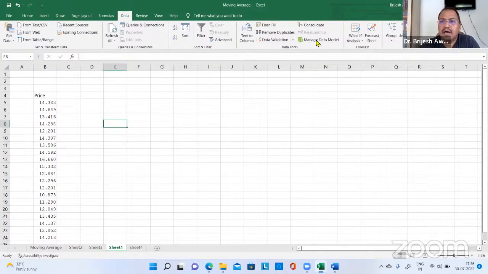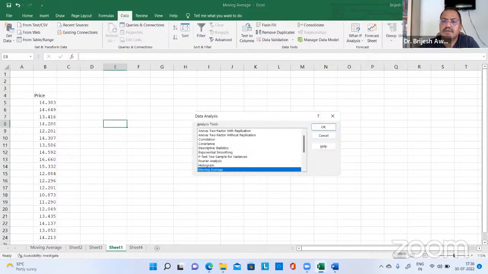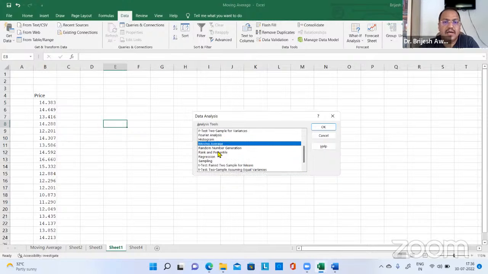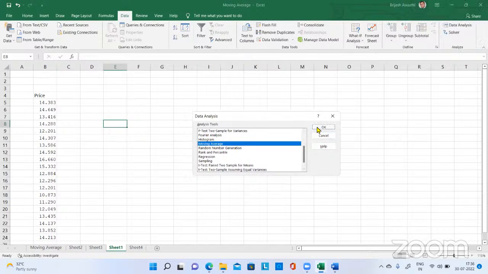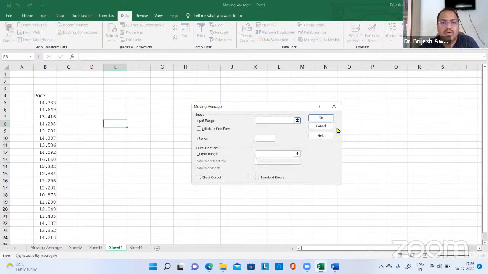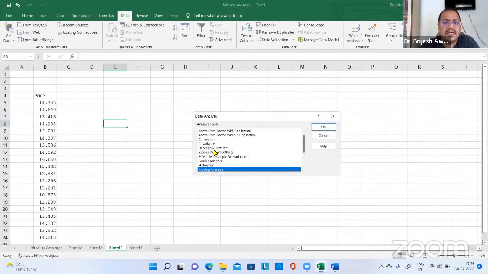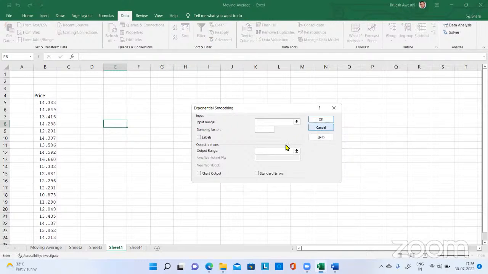In Data, we have Data Analysis. Then we have Moving Average. Got my point? Yes, sir. Not moving average, there is Exponential Smoothing here. Just click on Exponential Smoothing, click OK.